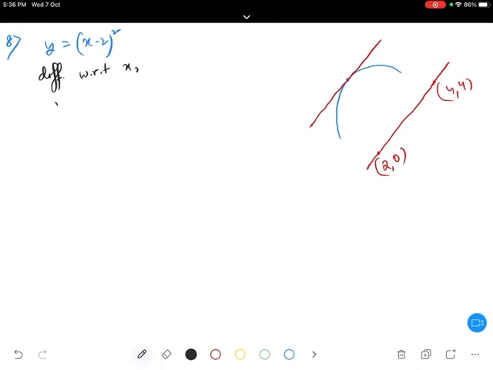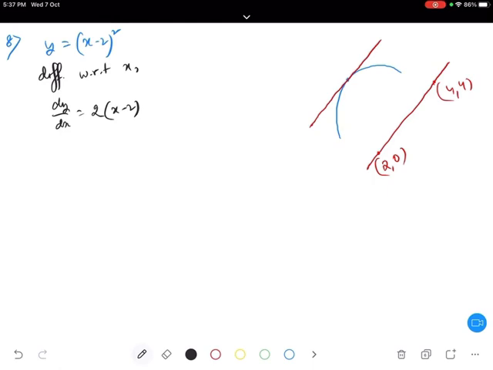So dy/dx is the differentiation of (x minus 2) whole square. Think about x square: differentiation of x square is 2x. So here, differentiation of (x minus 2) whole square will be 2 into (x minus 2), and differentiation of (x minus 2) will be 1. So I don't have to write anything more. So the slope of the tangent is 2 into (x minus 2).